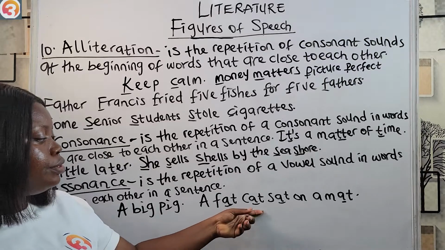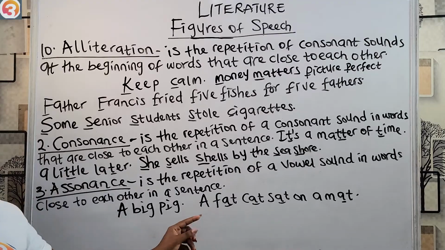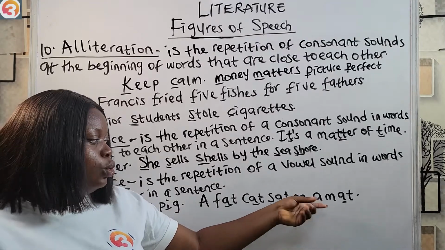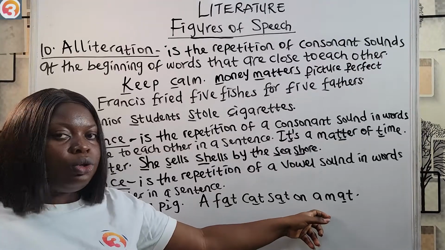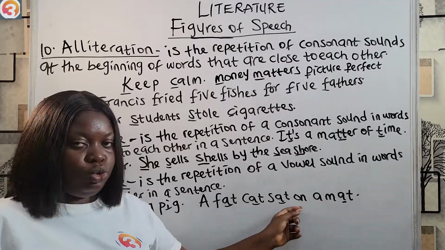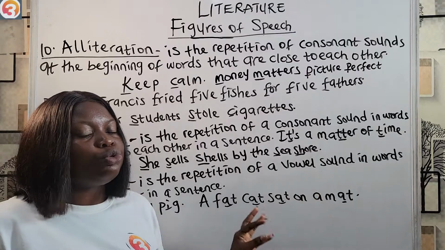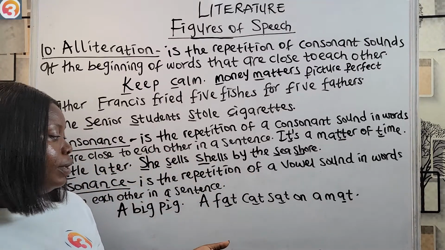The sound is repeated in the words. So here now we cannot say "a" and "a" here is assonance. No, the words in between are way too much for this to even work. So they should be close to each other. Here you have just two words in between. So we can still say it is assonance. But once it's more than that, it becomes too long and the figure of speech loses its effect.